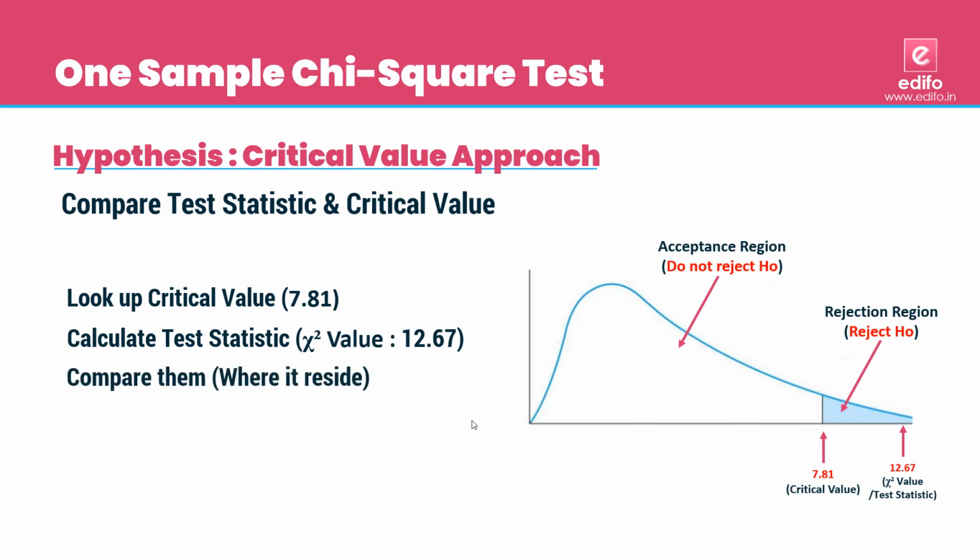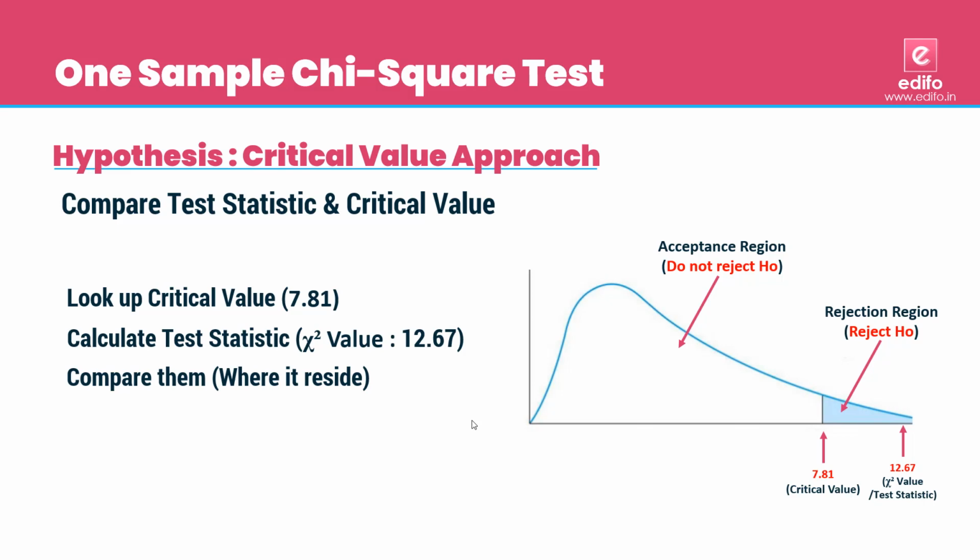Now compare them. That is, where does it reside? That means the chi-square value resides in the acceptance region or in the rejection region. If it is in the acceptance region, then do not reject the null hypothesis. That is, the assumption of the null hypothesis is true. If it resides in the rejection region, that is the right hand side of the critical value, then reject the null hypothesis.